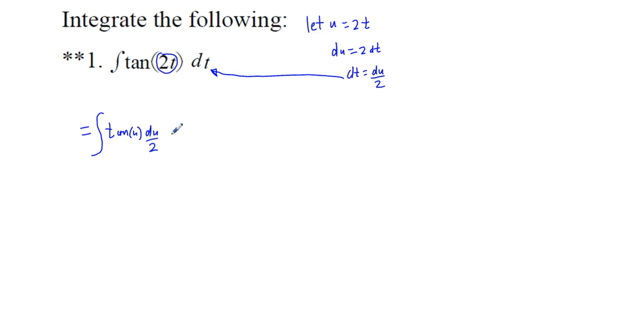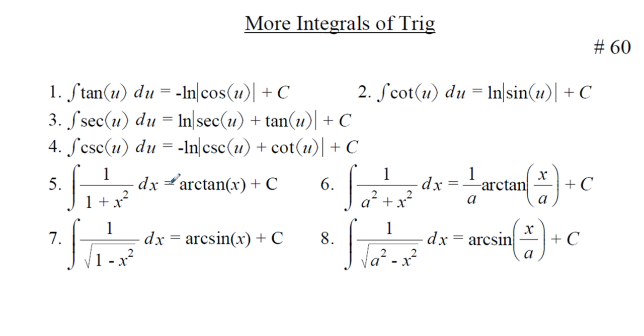And now, working to the right, we have 1/2, bringing this 2 in the denominator out front, tan u du. And now going back to the integral of tan u du, it is the negative natural log of the absolute value of cosine u plus c.